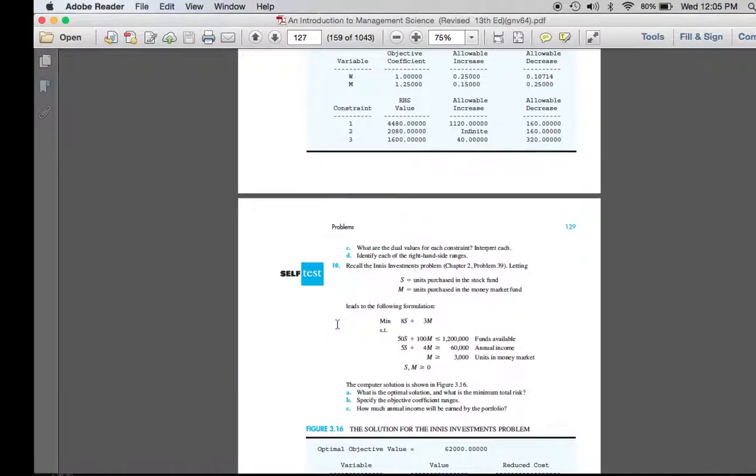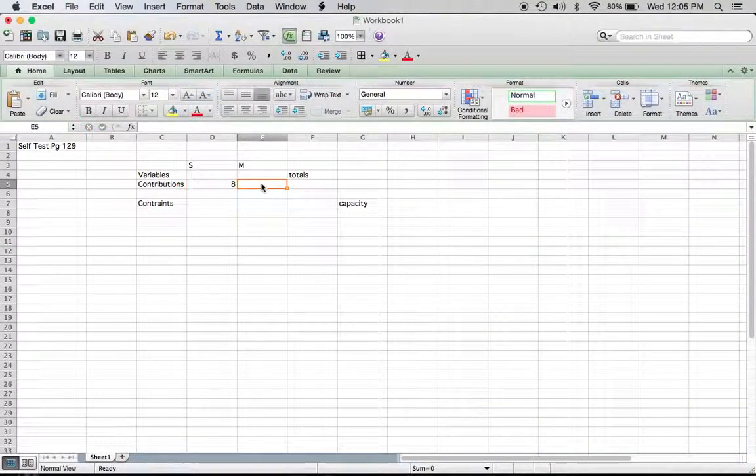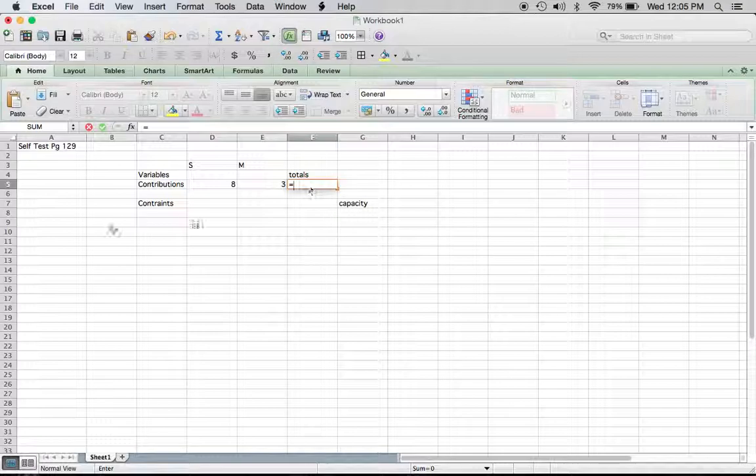And our equation then is going to take that objective function 8S plus 3M. So we're going to minimize risk. So all I do is reproduce that objective function: 8 times whatever it puts in S plus 3 times whatever it puts here for M.